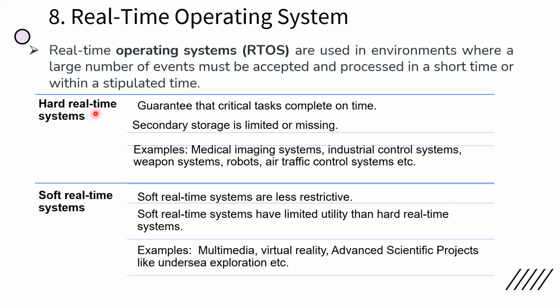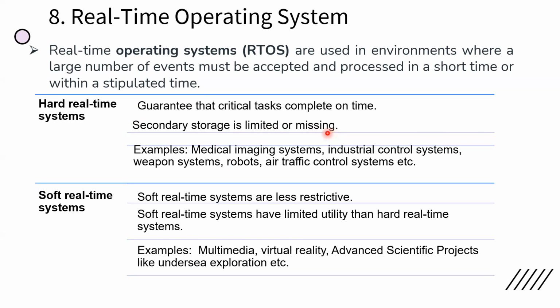So in case of hard real-time operating systems, the deadlines or the timelines are very critical. So they guarantee that critical tasks are completed on time. And here the secondary storage is limited or missing. So whatever the data that is being collected in real time has to be processed immediately.